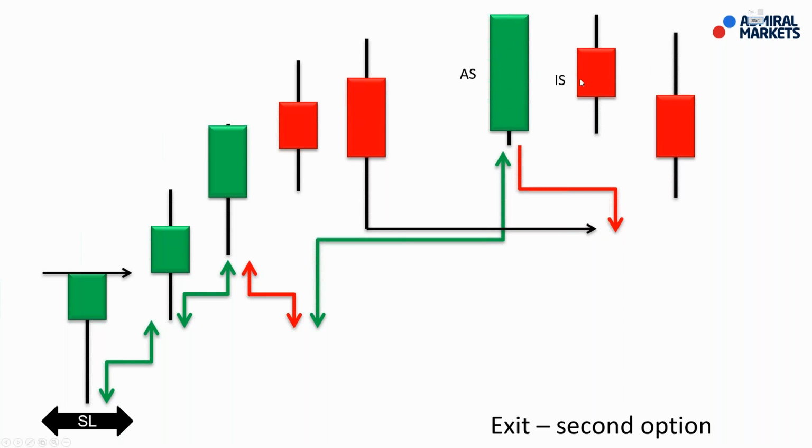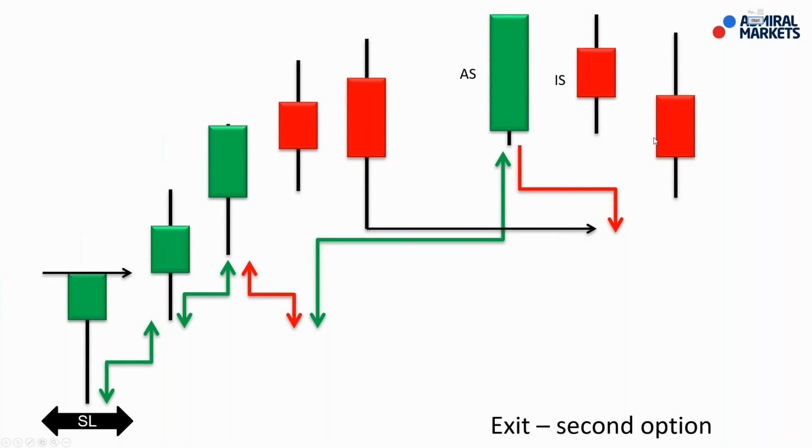This is your inside bar. This means that you have to put your stop one candle back. The next candle has a close below the outside bar. But the last candle doesn't touch your stop, so you are still in the market.